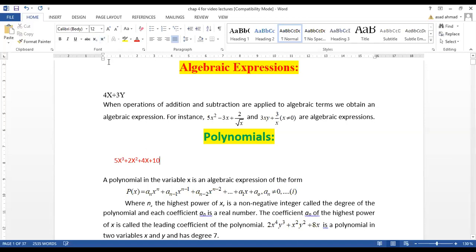I have written an expression. What I want to tell you is that we have to note the powers of x. The first term contains 5x to power 3, the second term contains x to power 2, the third term contains x to power 1, and the fourth term does not contain any power. In fact, this is an algebraic expression.